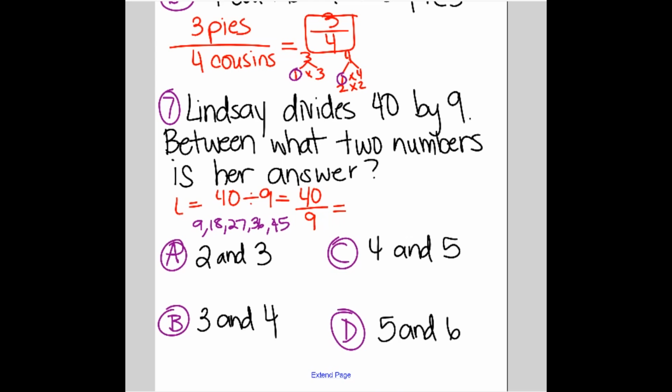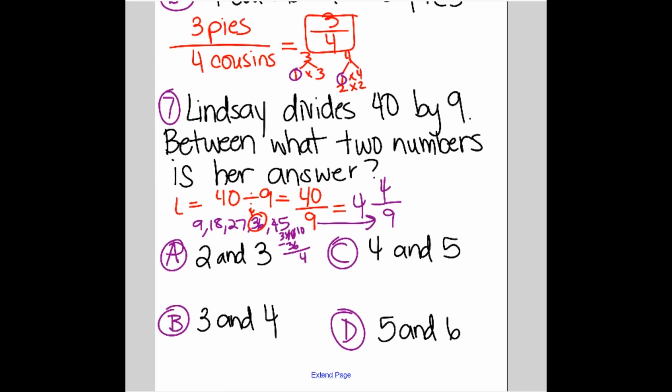Okay, so it looks like the 36 is as big as we're getting, and that's the 4th number. So that's going to be 4. And then what's going to be left over if we do 40 minus 36? That gives us 4 left over. So the 4 goes on top, and then our denominator stays the 9.